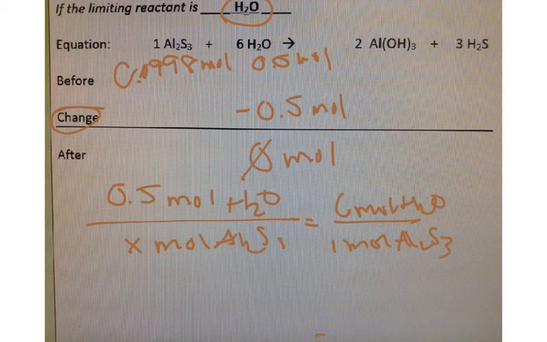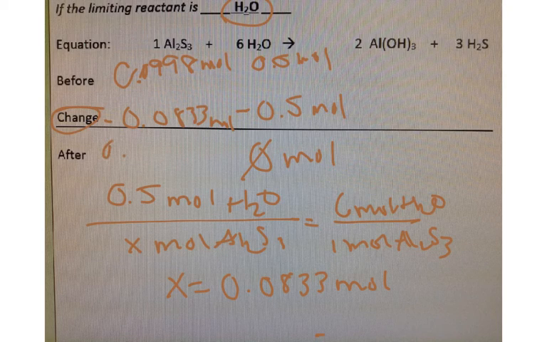So when I cross multiply these, I get X equals 0.0833 moles of aluminum sulfide. So therefore my change, if I use 0.5 moles of water, I would need 0.0833 moles of aluminum sulfide, which means subtracted wise, I end up with still having 0.0165 moles of aluminum sulfide left over.